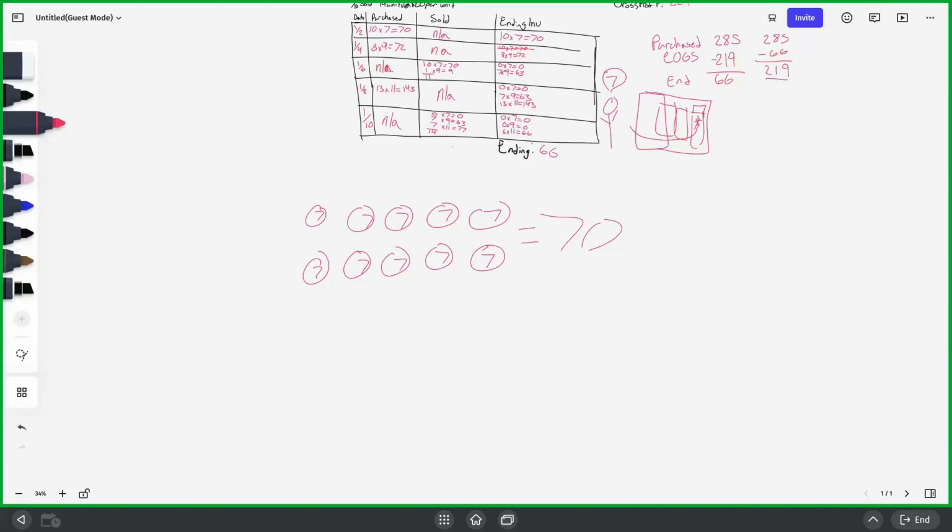So let's say these are all Frisbees. Now, when I purchased those 8 Frisbees for $9, this is basically how we're setting up our closet.